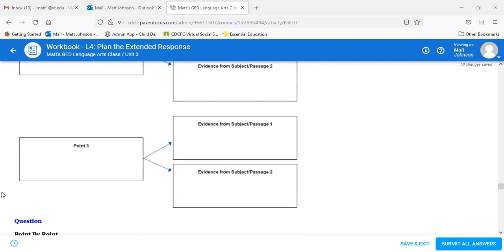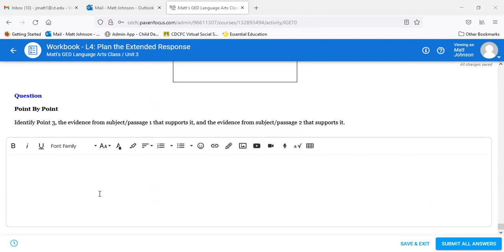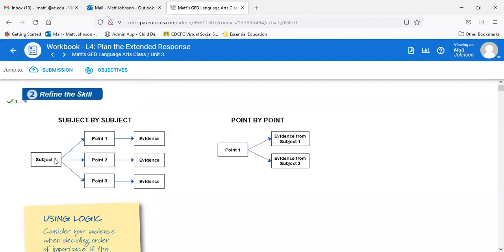Okay, so this is all just about, like it says, making that framework. And I'll go ahead and submit it because, again, it doesn't matter. It's arbitrary whether we have answers in there or not. It's just having a game plan as you're reading. And the more that you see it, the more that you write, the more that you read, all of that will help you, when you sit down at test time, to game plan, right?